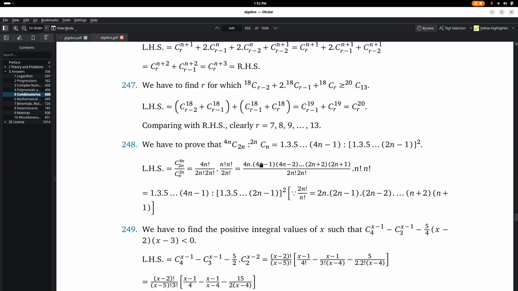Okay, and this 2n will cancel 2 of 4n, and then this 2n minus 1 will cancel 4n minus 2, and 2n minus 2 will cancel 4n minus 4 and so on.